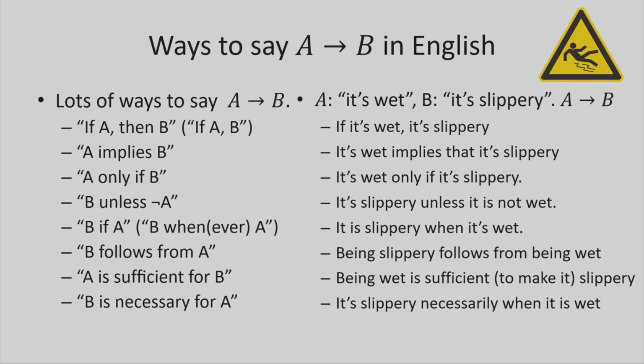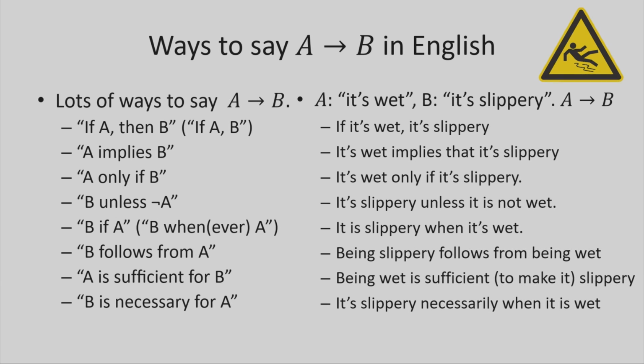So the one that we mostly use so far is if A, then B. You could also skip the word then and just say if A, comma, B. For example, if A is it's wet and B it's slippery, then you could say if it's wet, it's slippery. Well, yeah, kind of makes sense.